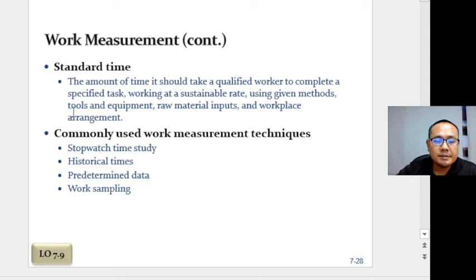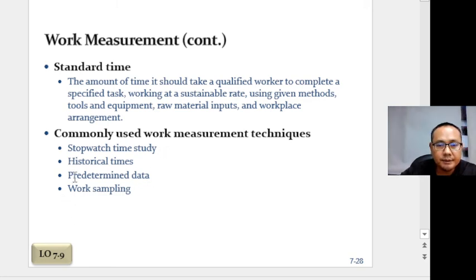A few important points to remember: standard time. We must be really clear about the standard time to do a particular job, so that we can measure whether someone is an under performer or in good performance.